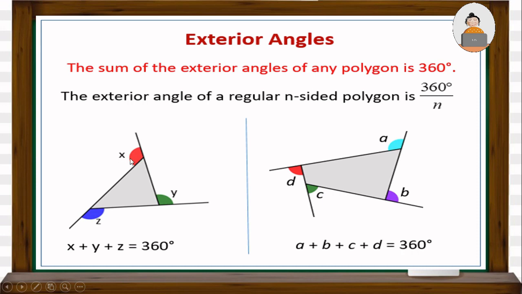The sum of these exterior angles marked as X, Y, Z will be equal to 360 degree. And if I have to calculate each exterior angle of any regular n-sided polygon, it is done by dividing 360 degree by the total number of sides of that polygon.